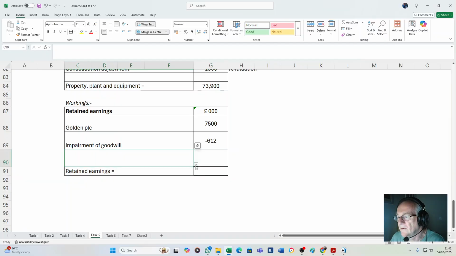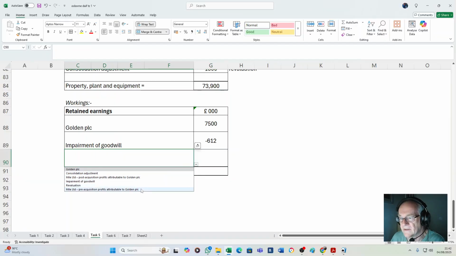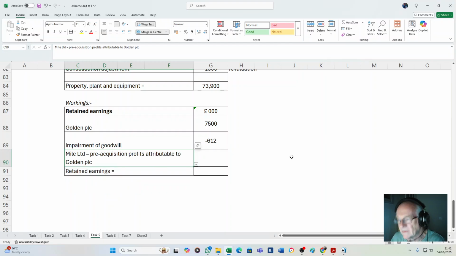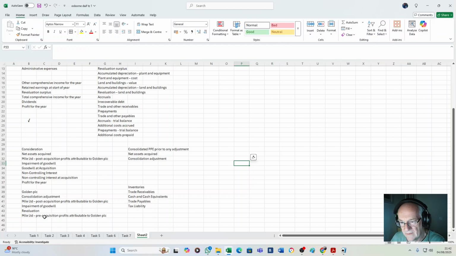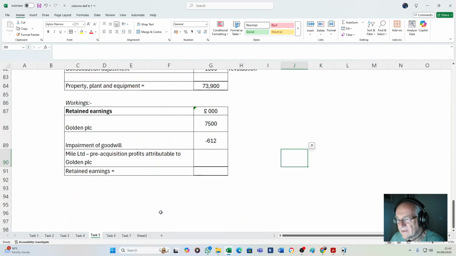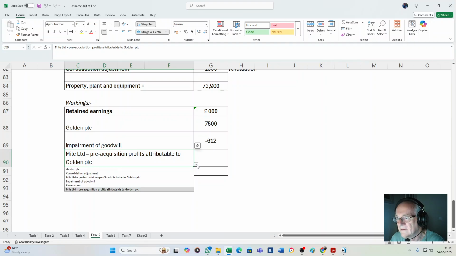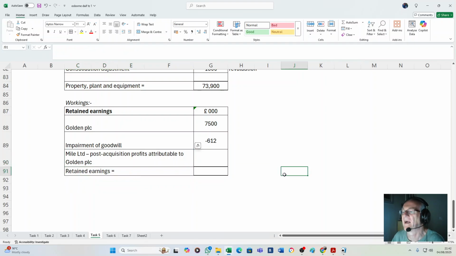Well, they've only owned them in the last year, so post acquisition profits. Post acquisition profits attributable. Just to try and catch you out.